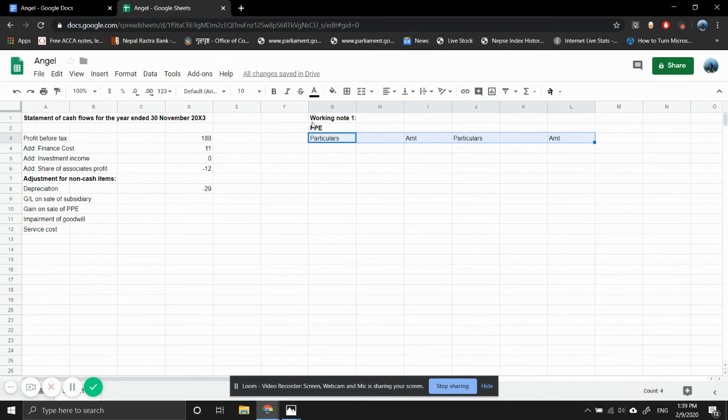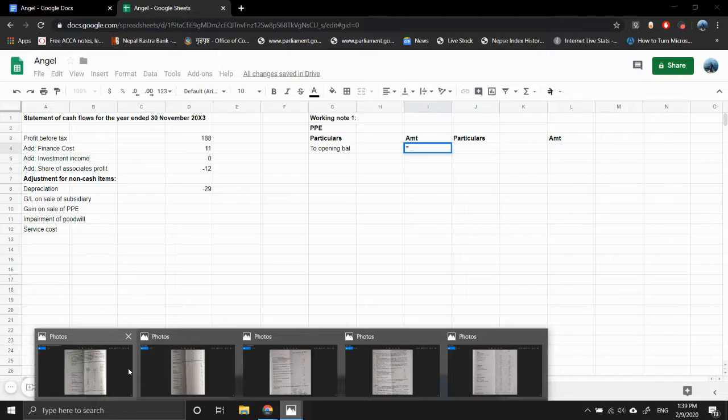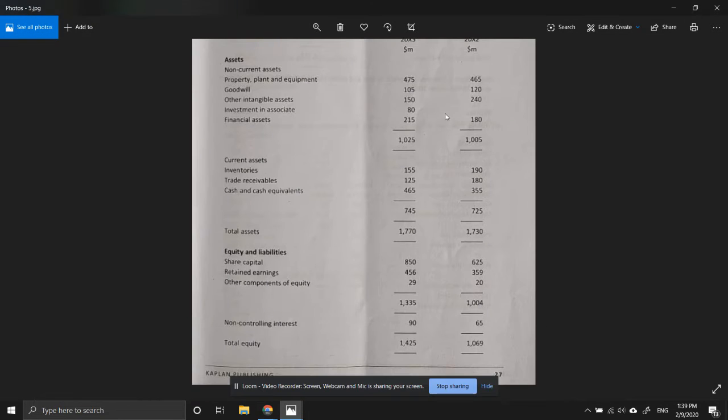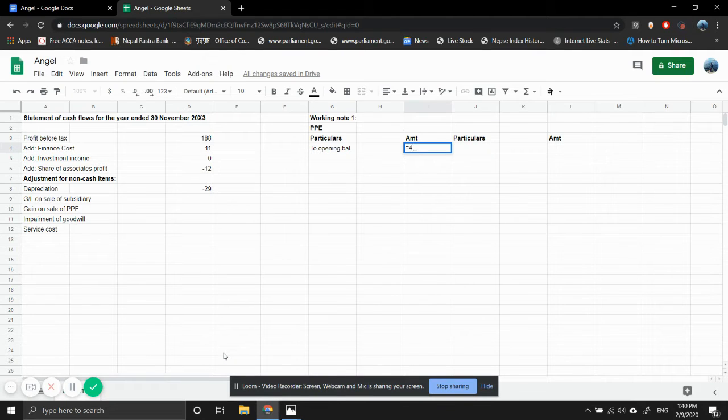Particulars, bold it. To opening balance. What was the opening balance? First page. Opening balance was 465 and 475, by closing balance.